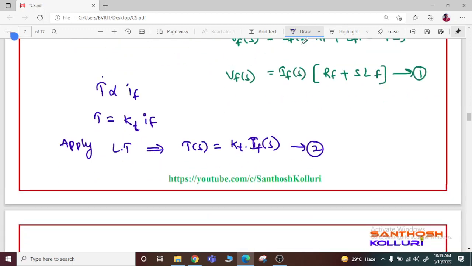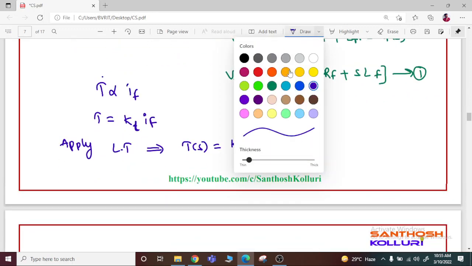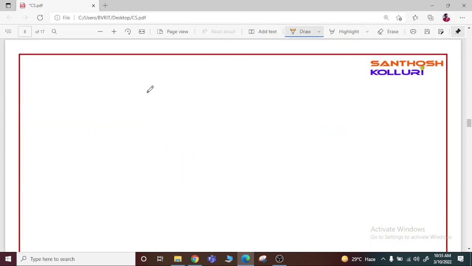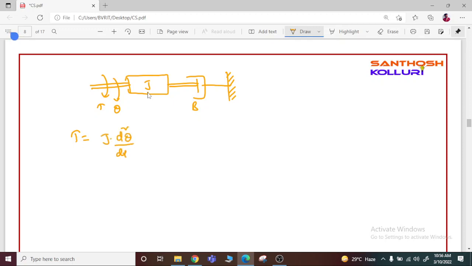And from the mathematical model, the previous class also we have seen here. This is torque T, this is angular rotation theta, and this is the dashpot B. So from this, torque can be written as J into d square theta by dt square plus B into d theta by dt.